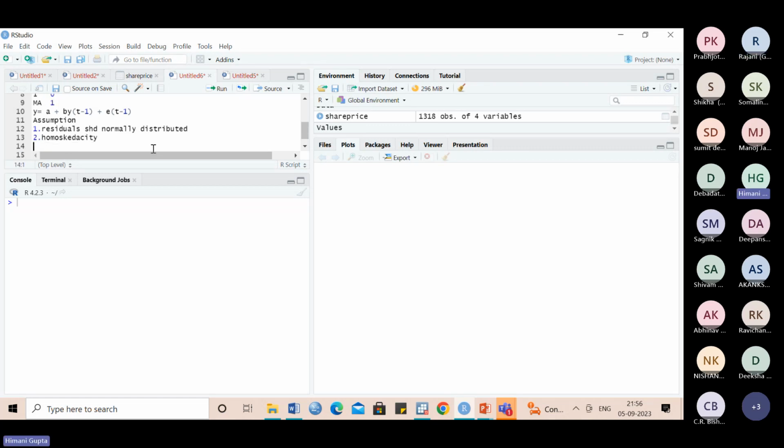I have given you one example: if I am taking expenditure and income, and my income increases and expenditure also increases by the same percentage, then it is homoscedasticity. And if your income is increasing by 10 rupees and expenditure is increasing by 5 rupees, that means there is a difference. So it is known as heteroscedasticity, right?